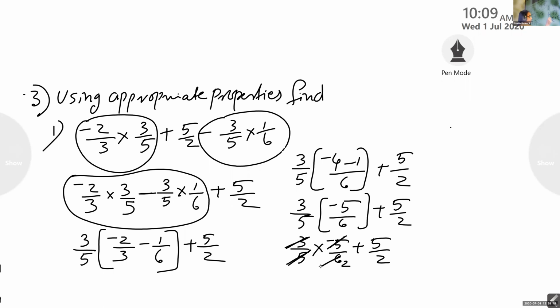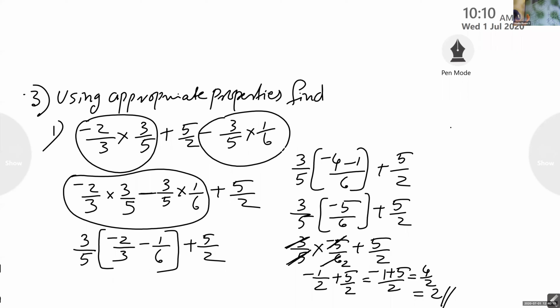So what is remaining in the first term? Negative 1 by 2, not 2. It is negative 1 by 2 plus 5 by 2. Which means negative 1 plus 5 by 2. It is equal to 4 by 2. Answer is 2.